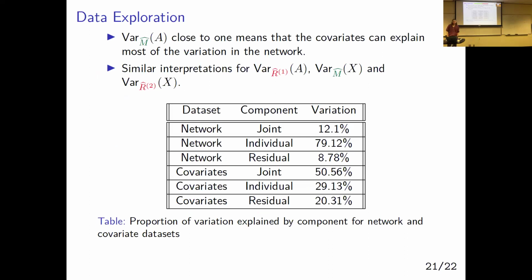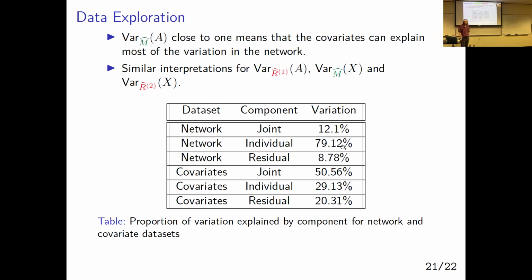If you calculate some of these, this might be a good pre-processing step. You might get an idea of whether we really even need another data set. Say this is the variation in the network due to the individual components, and that's 80%.